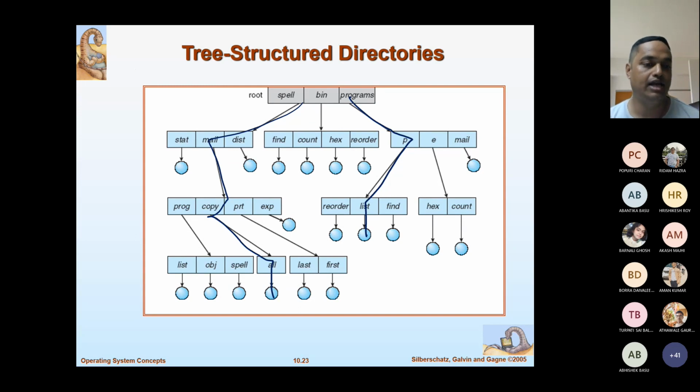But to make a directory or file accessible by more than one person, you have to make it a shared directory or shared file, and that is possible by an acyclic graph. All these structures are again maintained by the operating system. Unless you have the operating system, there is no way to do those things.